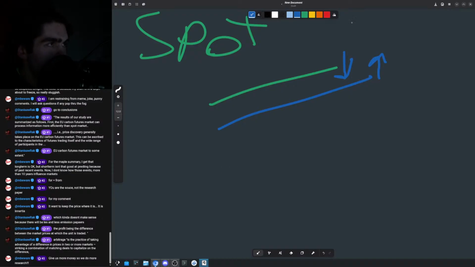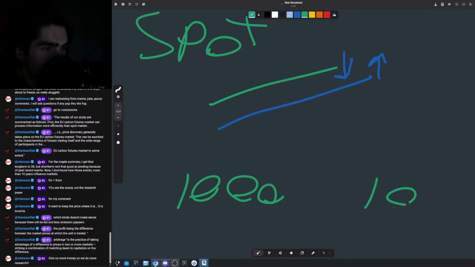So let's keep in mind, to do arbitrage, you need to keep a stock of both. So let's say you have a bunch of permits, so you have 1,000 permits, and you have 1,000 futures.